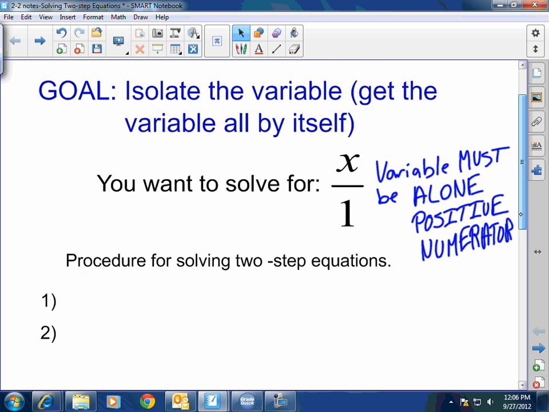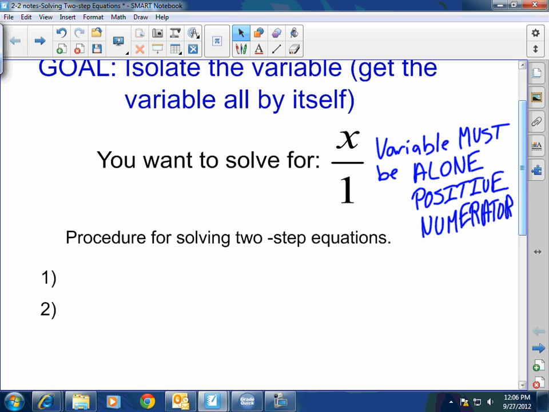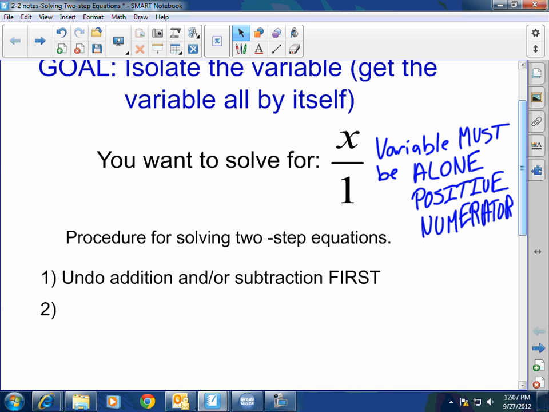And the beauty of it is it's the exact opposite or the reverse of the order of operations. What are the last steps of the order of operations? Add and subtract in order from left to right. Very good. So in this particular case, we're going to reverse that. So we're going to get rid of or undo addition and subtraction first.